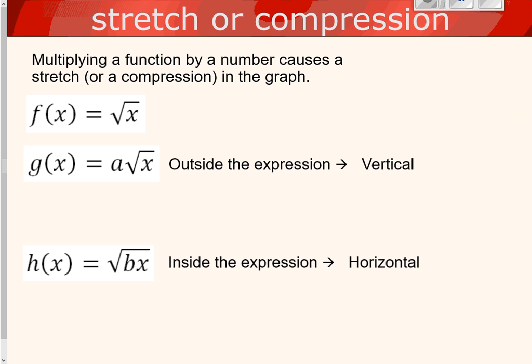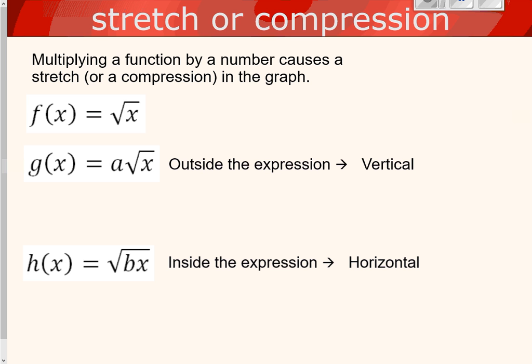Okay, so hopefully you were able to see that depending on a number that's being multiplied either to the whole function or multiplied directly to the x value, we end up with some kind of vertical or horizontal stretch or compression.